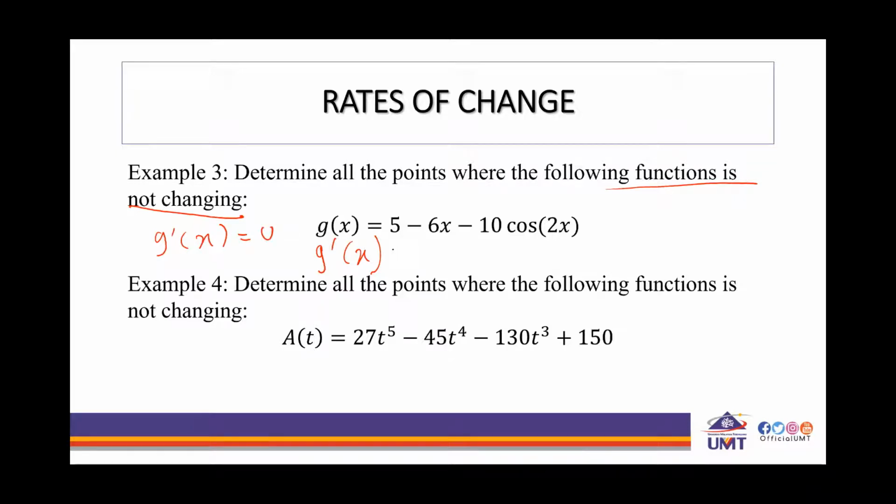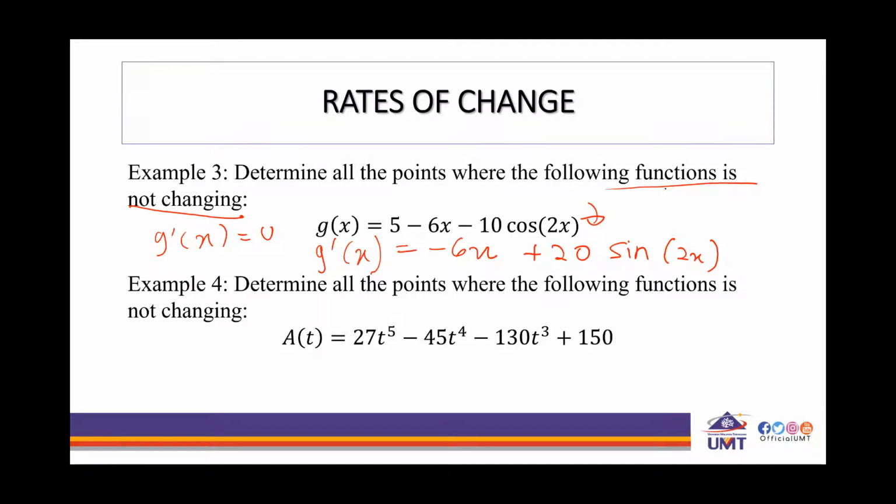So in this case, you differentiate it and you will get minus 6x plus 20 sine 2x. Differentiating this, you can do it mentally because you are familiar with the function. Now, because we want to find where it is not changing, it is obviously equal to 0.